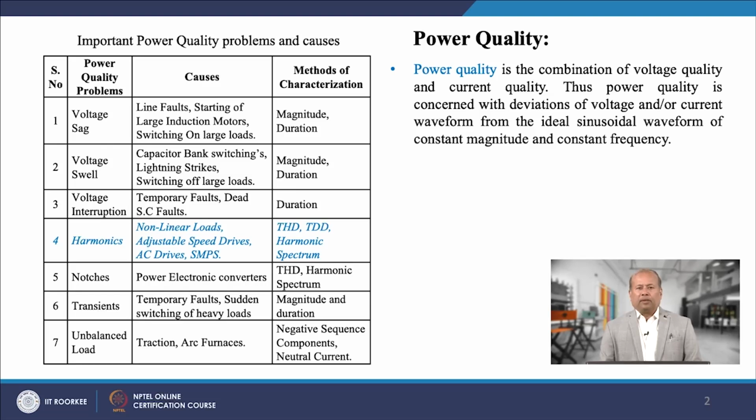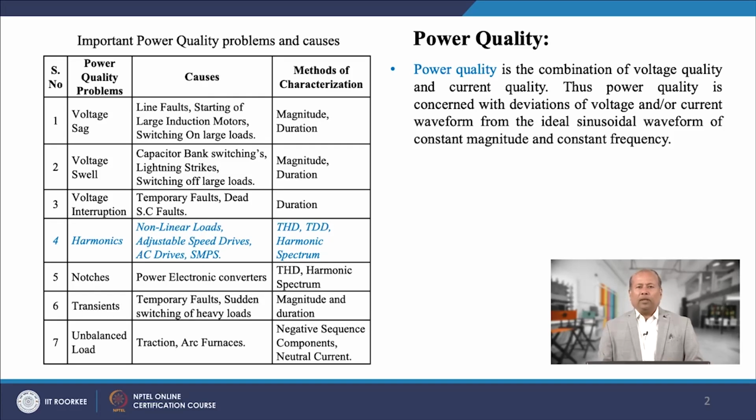From the table, voltage sag, swell and interruption, that is serial numbers 1 to 3, are voltage related power quality problems, whereas harmonics, notches, transients and unbalanced loads, that is serial numbers 4 to 7, are current related power quality problems.